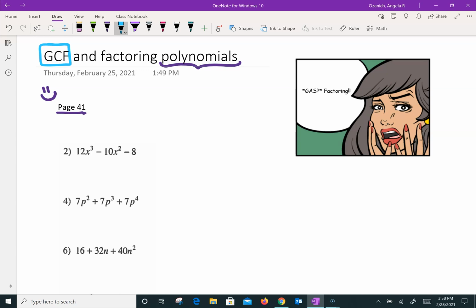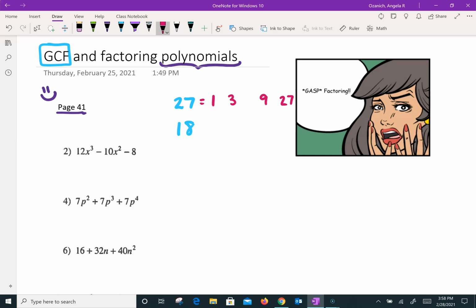So greatest common factor, if we just think about a couple of numbers, like let's say 27 and 18. If we're thinking about the biggest number that can be divided out of both of these, that would be the greatest common factor. Typically, you have done work with listing factors, right? 1 and 27, not 2, so 3 and 9.